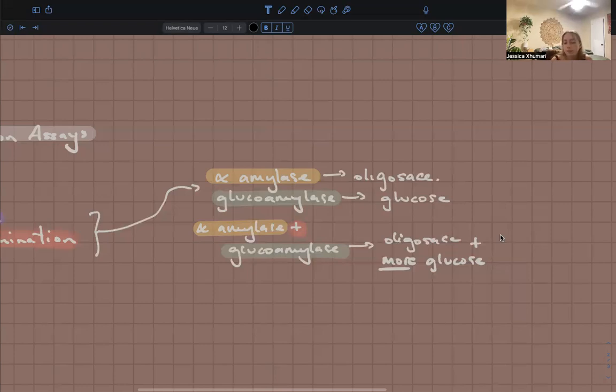And then the glucoamylase is an exoglucanase, so it cuts off from the ends, from those reducing sugar ends, right? If you use the power of both of them, it'll be the most effective at producing glucose. So you'll get a mixture of glucose and oligosaccharides, but definitely more glucose than with glucoamylase alone, right?